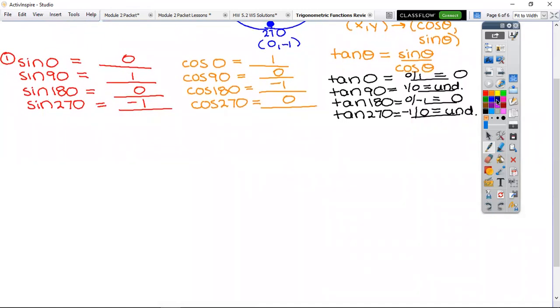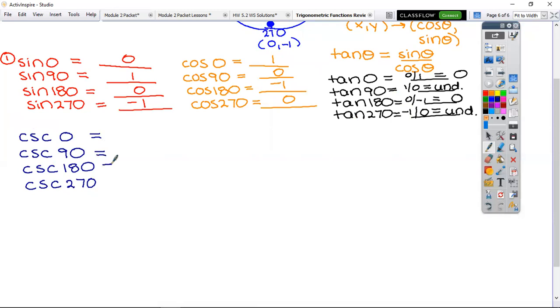All right, next we're going to do the reciprocals on these. So let's do cosecant 0, cosecant 90, cosecant 180, and cosecant 270. You're going to flip sine over, okay? So what's helpful is to rewrite it as a fraction first so that you can flip it. So 0 is technically 0 over 1, correct?